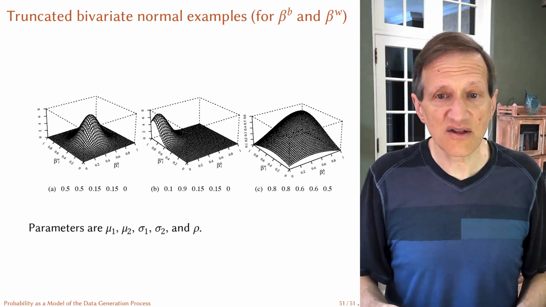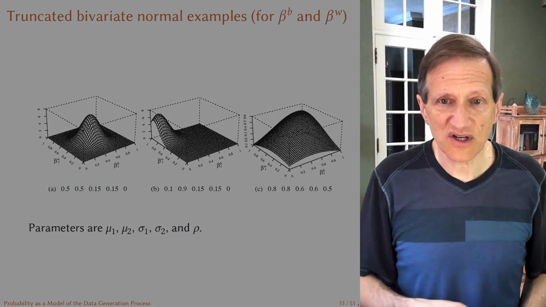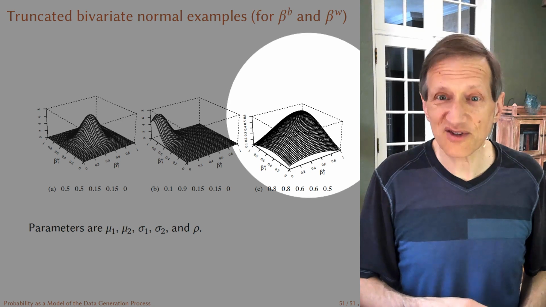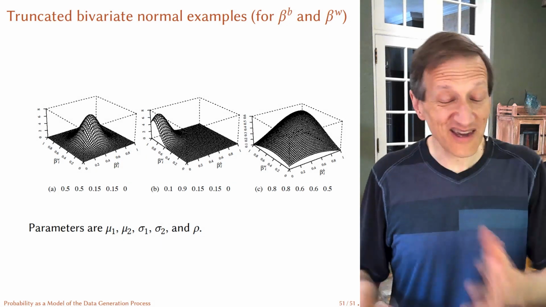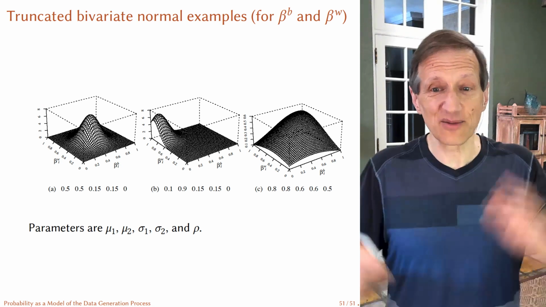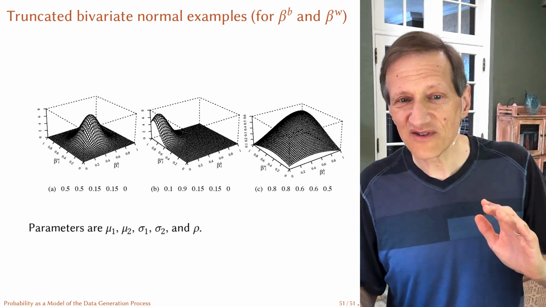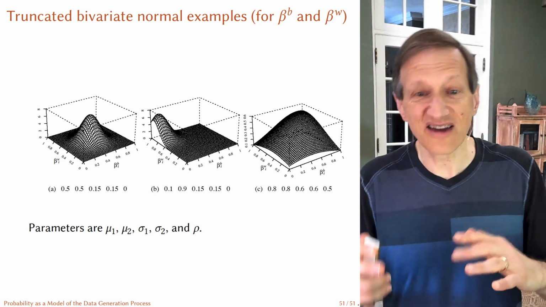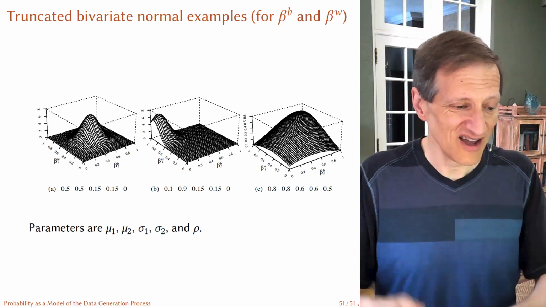And the third one on the right just has larger variances. The parameters are mu1, mu2, sigma 1, sigma 2, and rho, or sigma 1,2, however you want to do it, rho being the correlation.